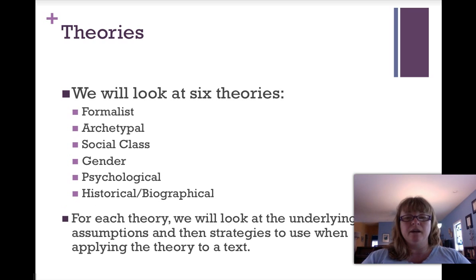For each theory, I'm going to give you an overview of the assumptions that critics using this theory make, and what strategies we can use when we apply that theory to a text, when we're looking at a text through that lens. I will also tell you that historical and biographical are technically 2 different theories, but we're going to group them together, and you'll see why when we get to that point.